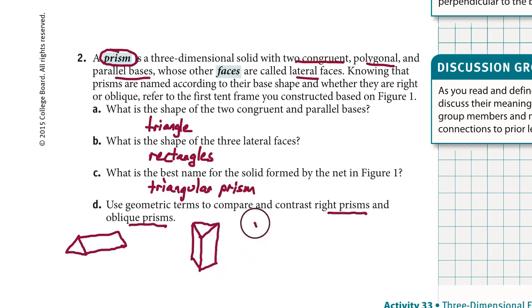Here's my next prism. One of these is a right prism and the other is an oblique prism. Which one's a right prism? It's the first one. This one here is oblique. It's like it's been smushed or tipped a little out of whack.